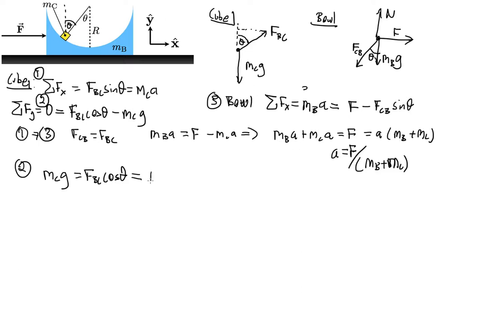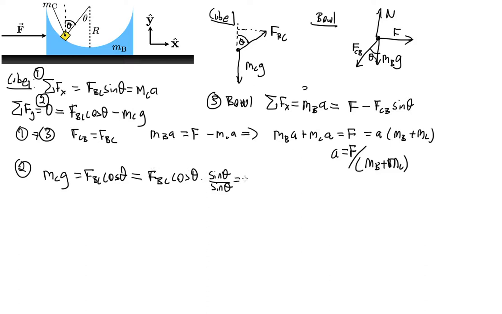So I can actually get that isolated by taking this term, cos theta, and multiplying and dividing it by sine theta. This is a trick. You can brute force this any way you like. I thought this was the most clever approach because FBC times sine theta is something I know.